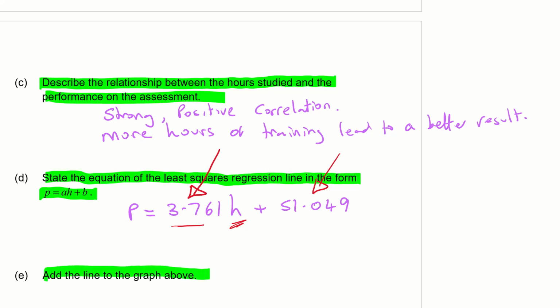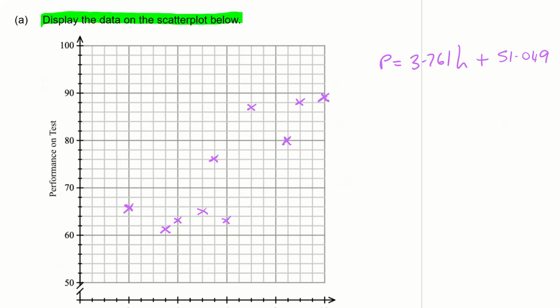Add the line to the graph above. So what we want to do is draw this line of best fit on the graph. So to do that, let's think about H is 0, P is 51.049. So it would be about here on our graph.